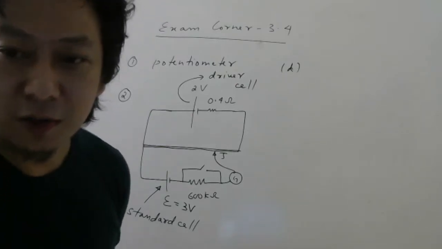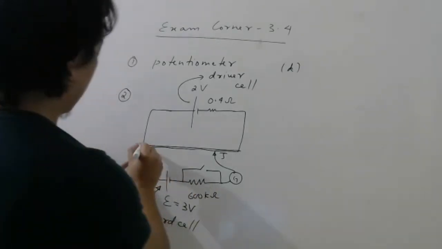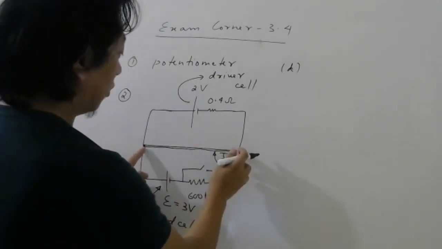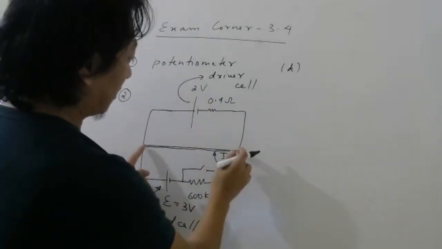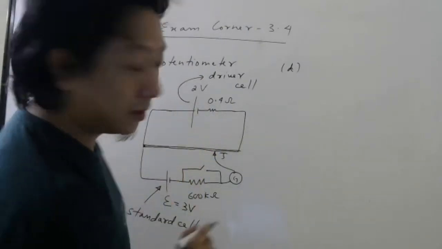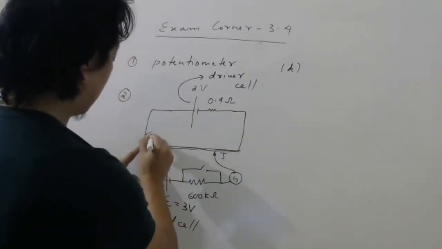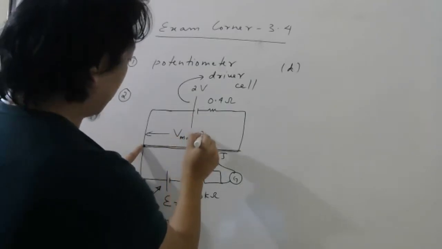Now, some of you are saying no, but why will it not work? The reason is, look here. Whatever voltage here, the maximum possible is 2 volt. Actually, the voltage here will be less than 2 volt because of this internal resistance, remember.